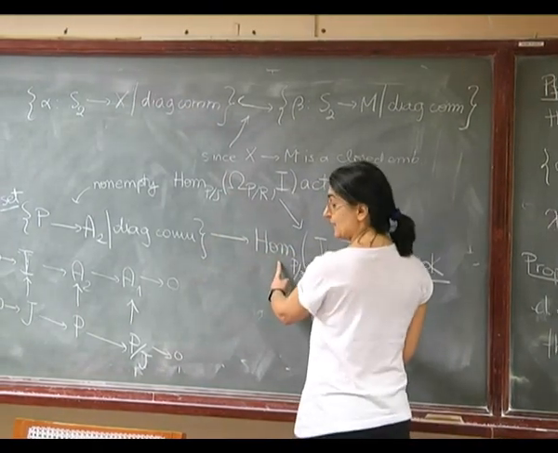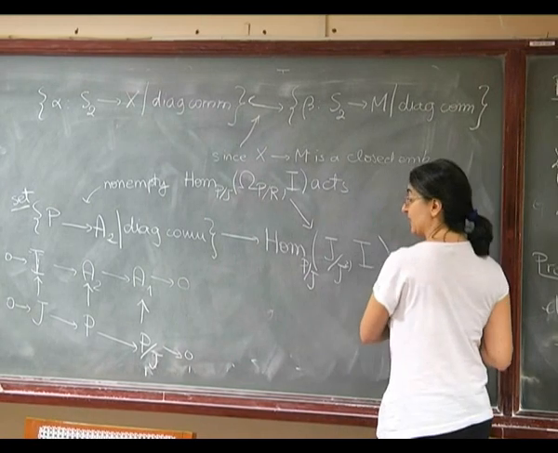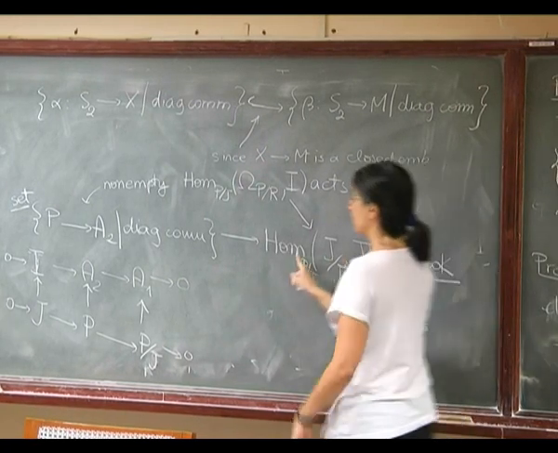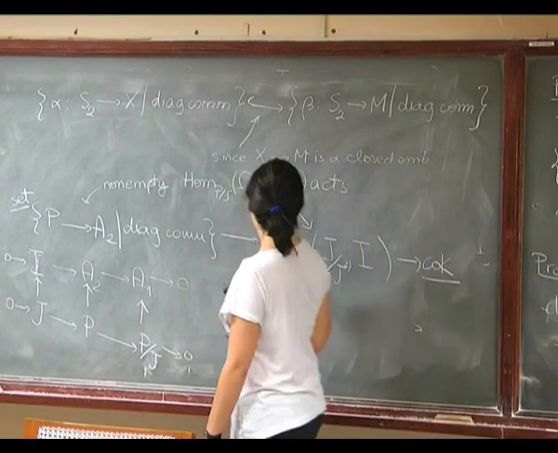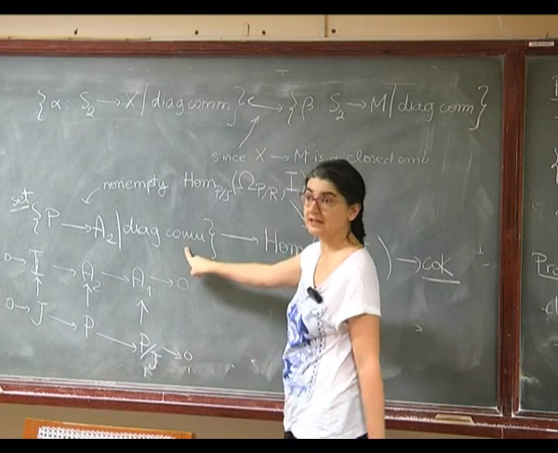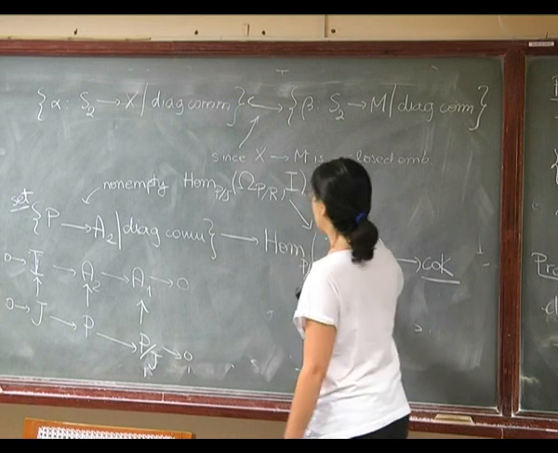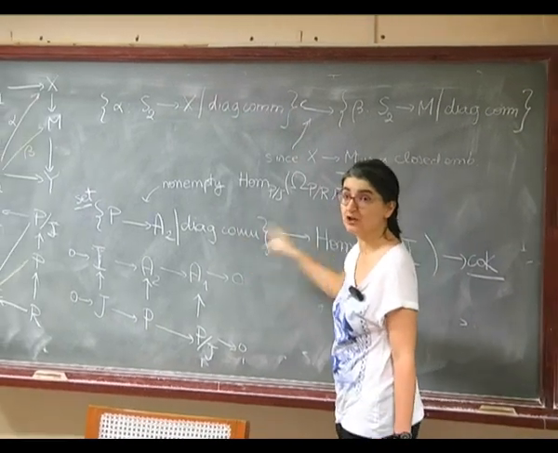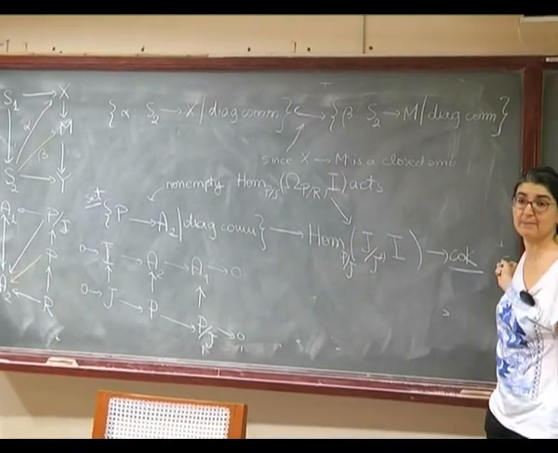Given two elements here, they will have the same image here. Given one element which is in the image, another element will be in the image if and only if it goes to the same element here.